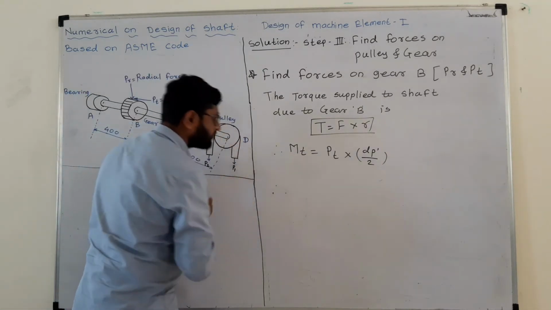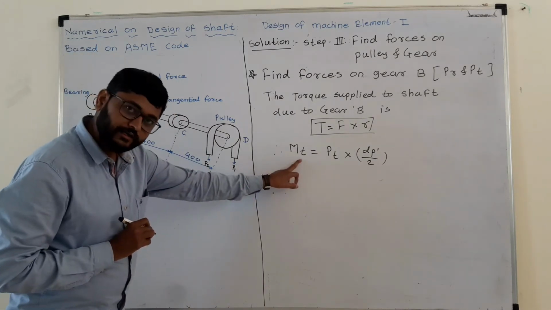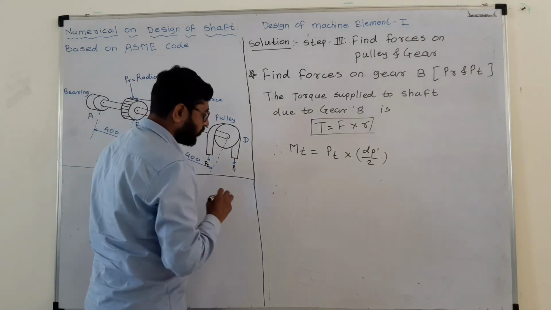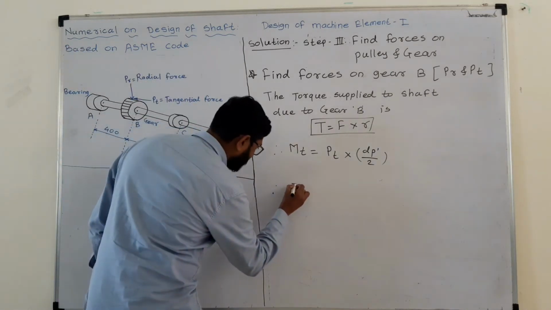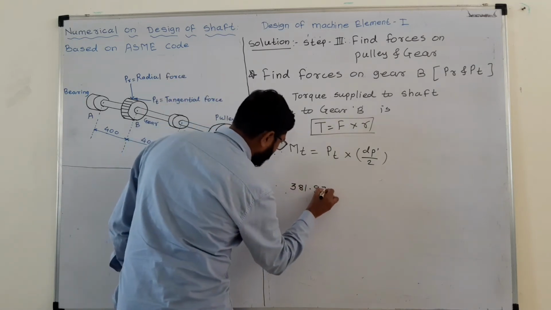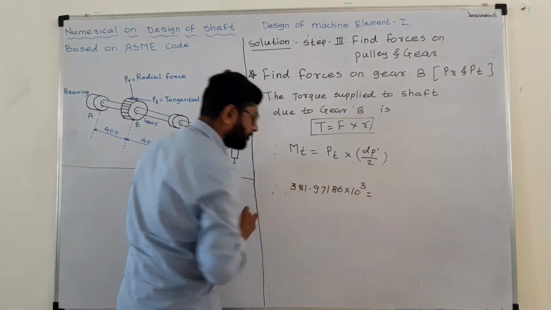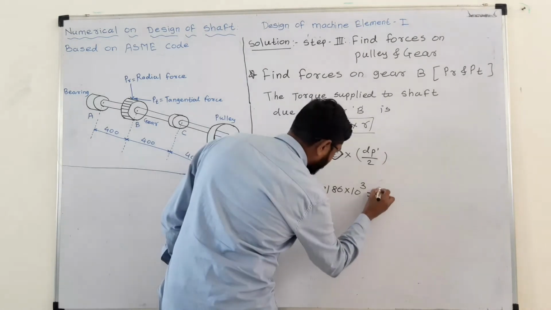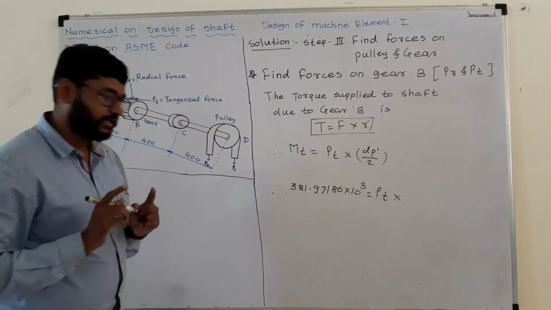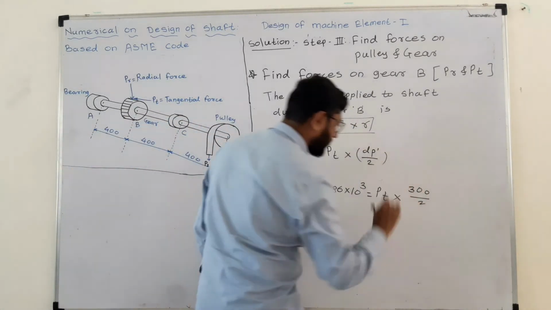So let us find PT. We have already found the value of MT, the torsional moment, which is 381.9718 into 10 raised to 3, equal to PT into the pitch circle diameter of the gear, which is given as 300, divided by 2.